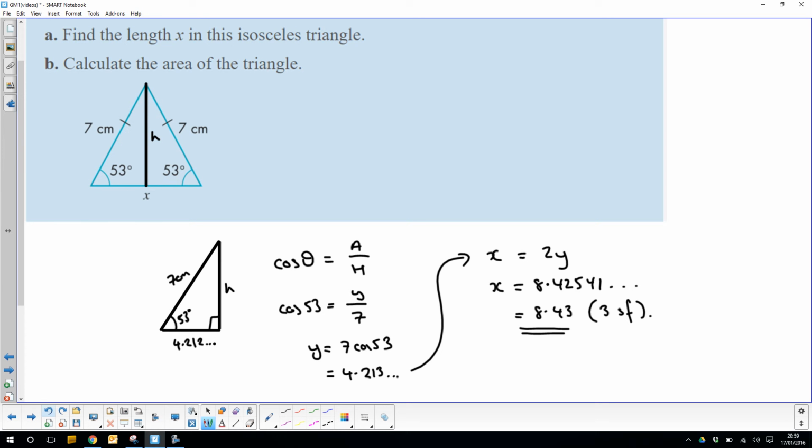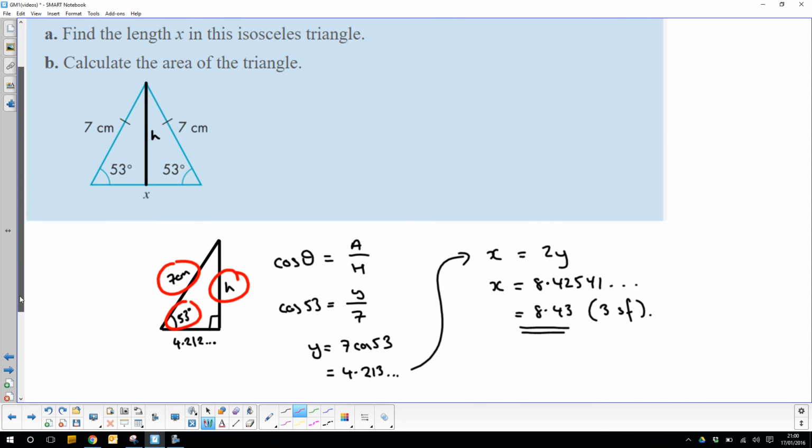One is I could use Pythagoras because we've got the hypotenuse and one of the shorter lengths, and we're trying to find that height to be able to work out the area. That would be fine, but actually I'm going to use the angle and the hypotenuse, and the fact that I'm trying to find the third side means I can use trigonometry. So I'm going to do that.